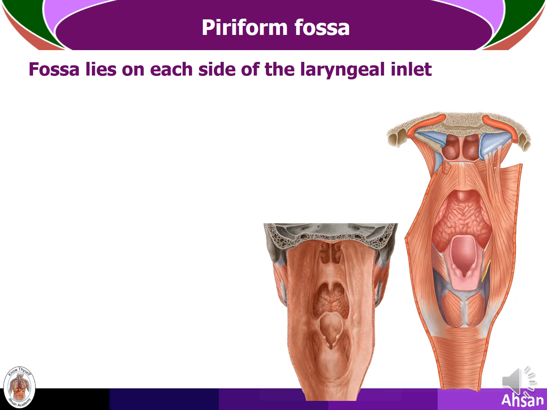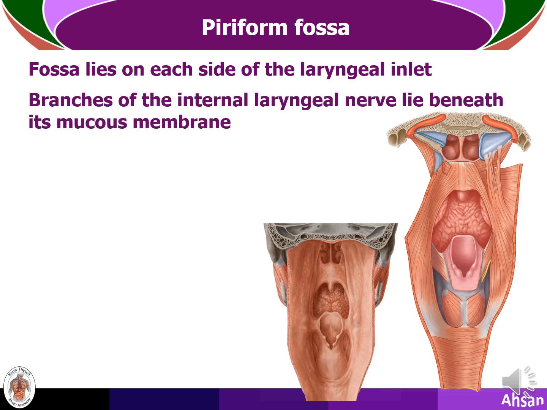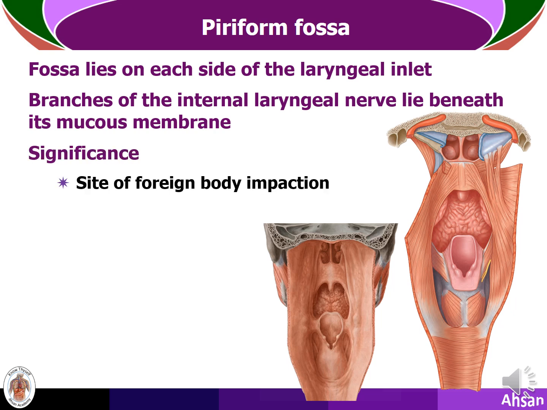Deep to its mucosa lies the internal laryngeal nerve. In case of foreign body impaction here, the laryngeal nerve may be injured. This is actually a common site where fish bones and small bones are impacted.